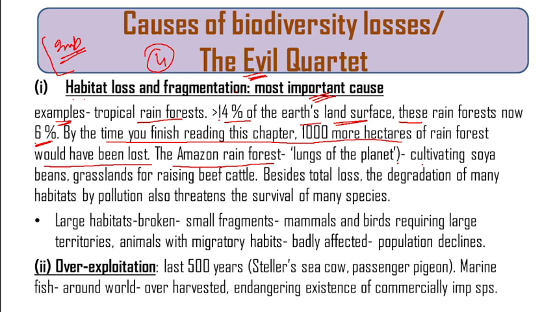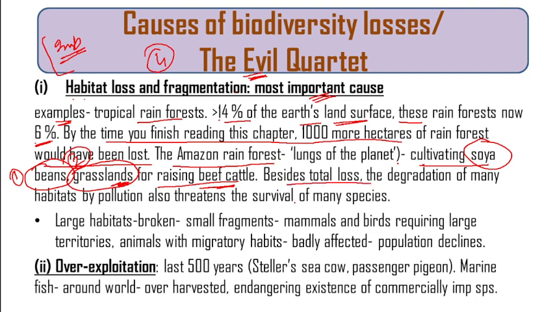So what is happening there? Cultivating soya bean, important. Cultivating soya bean and cutting the forest and converting it into grasslands, these are two major reasons why they are being cut. For raising beef cattle, they are cut to make grasslands.